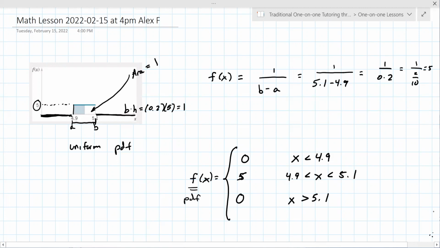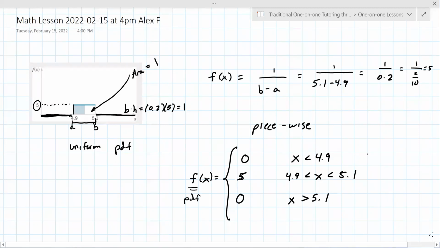Well, this is your PDF. Your PDF is defined piecewise. Are those my properties? No, it's just telling you for each interval how it's defined.